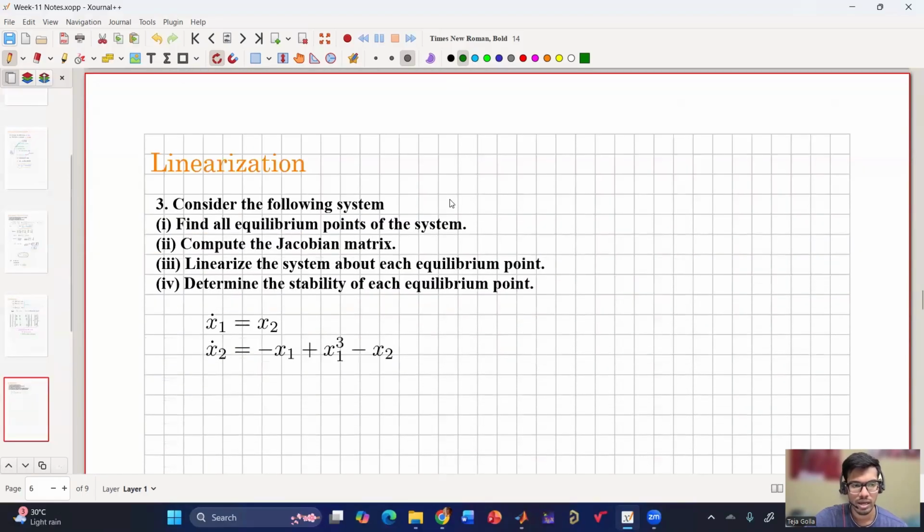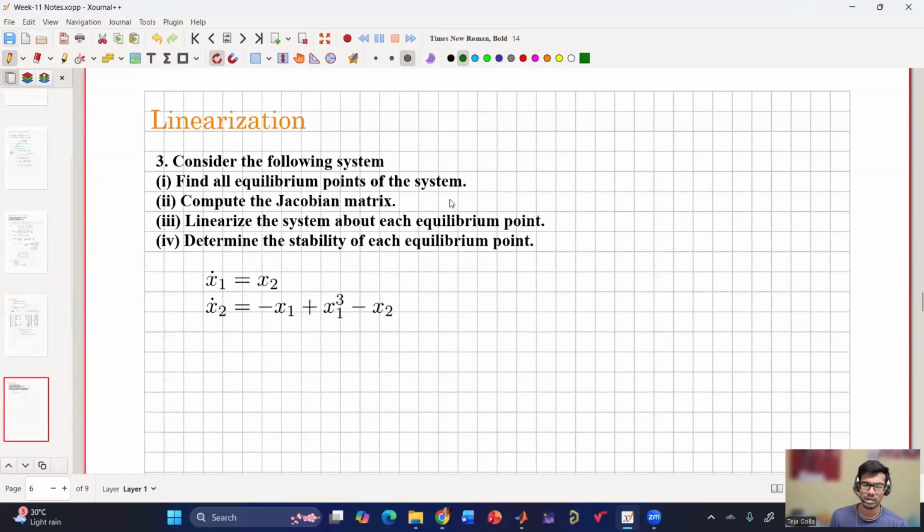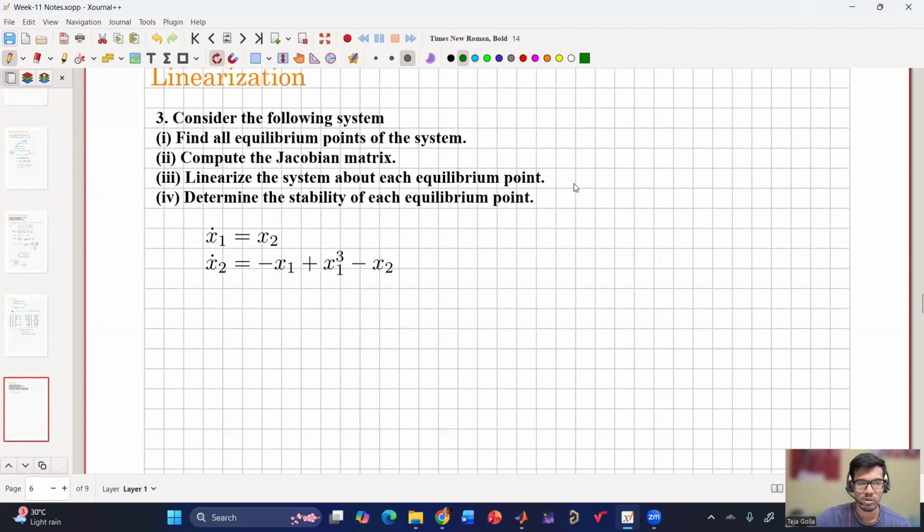However, I'll discuss one problem, and I'll show how to calculate the equilibrium points, how to compute the Jacobian matrix, and then how to calculate the linearized model at each of these equilibrium points, and also determine the stability of each equilibrium point. When we say stability, it's around that equilibrium point, because if it starts at the equilibrium point, it will stay, even if it's an inverted pendulum.